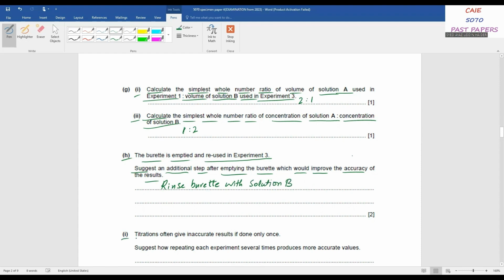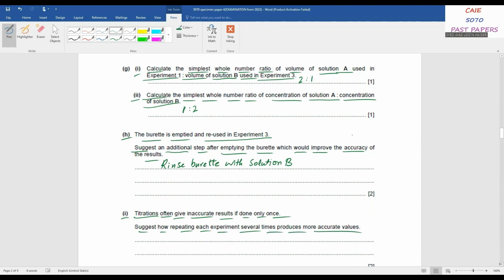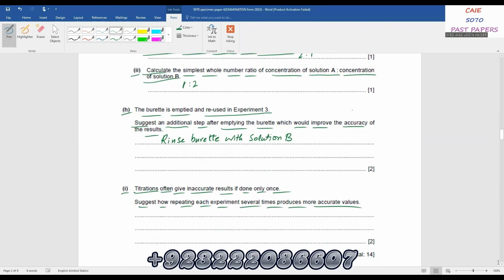I. Titrations often give inaccurate results if done only once. Suggest how repeating each experiment several times produces more accurate values. So you're repeating until you're getting similar results. Then we will calculate the mean of similar results.